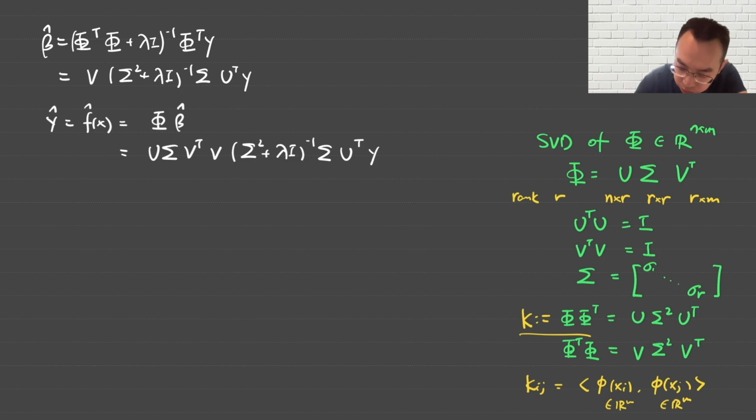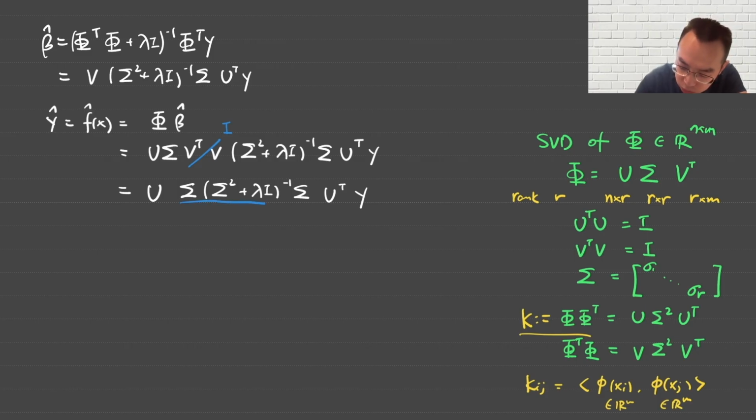And then we'll have V transpose V equals identity, that cancels. And then this gives us U times (sigma square plus lambda I) inverse sigma U transpose Y. So all of these are diagonal, right?